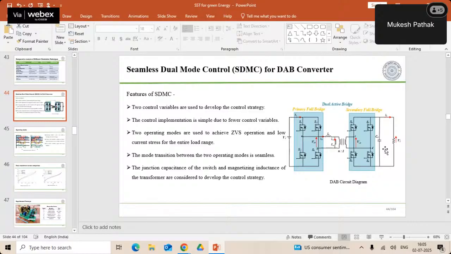So DAV is suitable here. But in case you need an inverter or AC output, then you will have to have another converter here, or you can also have a topology which forms an integral part of the SST. So there are many topologies which can be used, and it depends on the application.